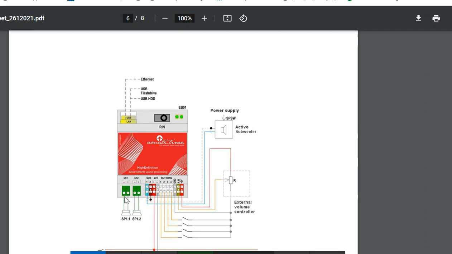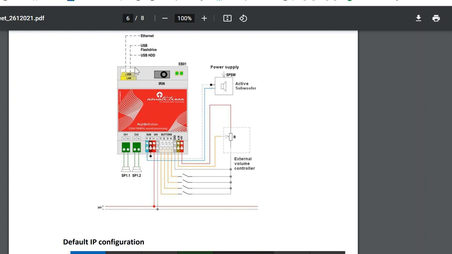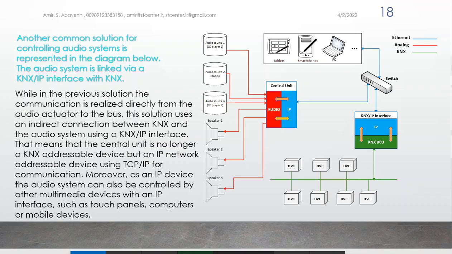It provides output directly to the speaker, and you can communicate with it through the KNX IP interface to the IP port of the system. Okay, it is possible. Great. So what we have in the book is also this one. You can see it's almost the same.